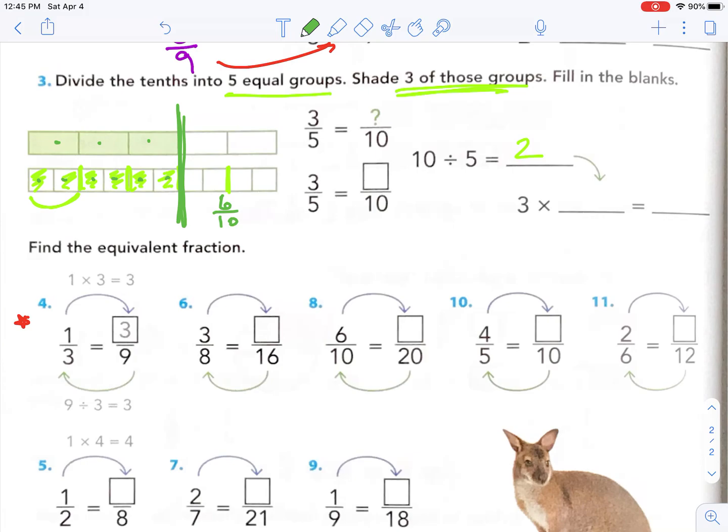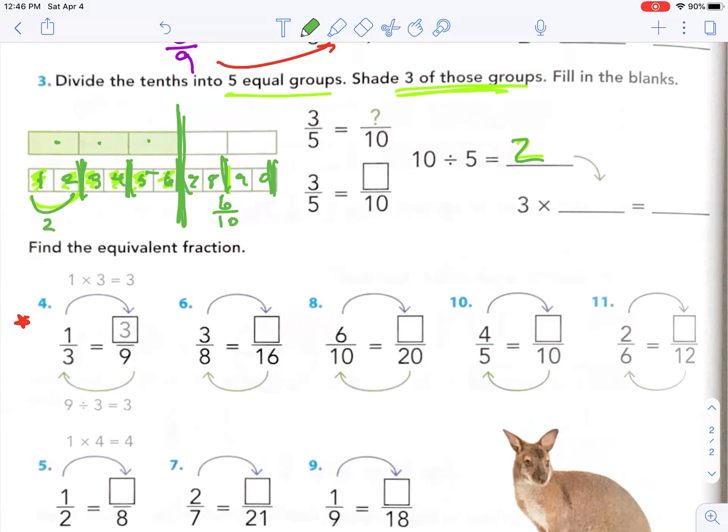Well, let's look at the math behind it. All right, what did we do first? We took 10. Here's 1, 2, 3, 4, 5, 6, 7, 8, 9, 10. Okay, and we divided it into 5 equal groups. 1, 2, 3, 4, 5 equal groups. And how many did we get in each group? We already discovered there's 2 in each group.